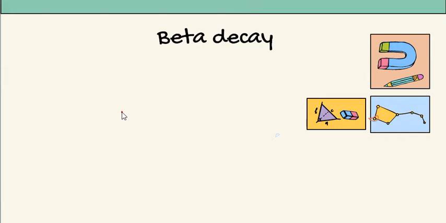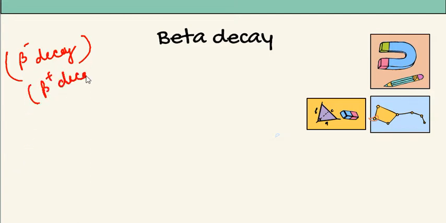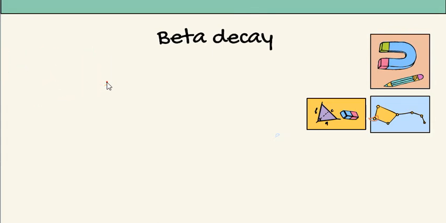Whenever an electron comes out, we will call it beta negative decay. And whenever a positron comes out, we will call it beta positive decay. In beta negative decay, the mass number of the radioactive nucleus remains unchanged, but its atomic number increases by 1. An electron and a new particle called an antineutrino are emitted from the nucleus.